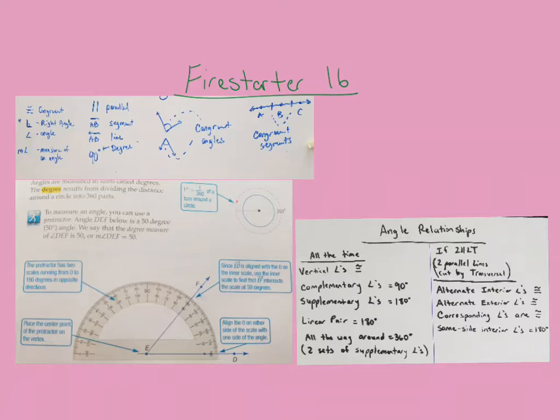So if I had A, B, if I use segment, I'm talking about from here to here, right? If I use the line symbol, I'm talking about a line going on forever. So segments are a cut portion. Lines go on forever. We have a 90-degree symbol.